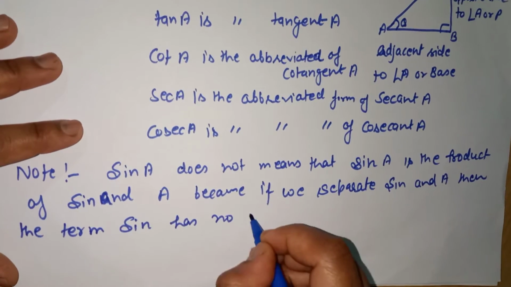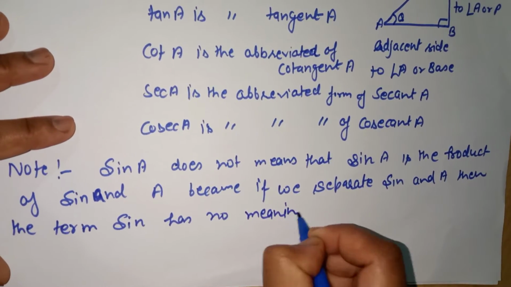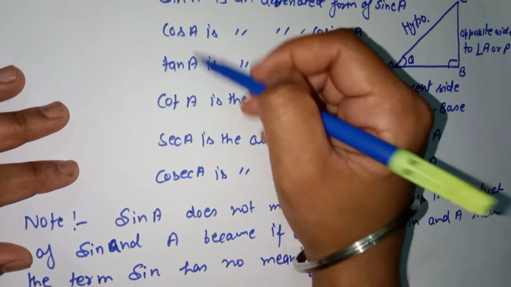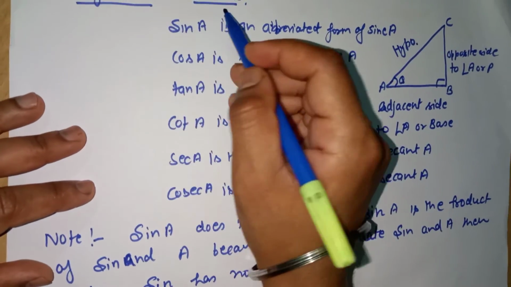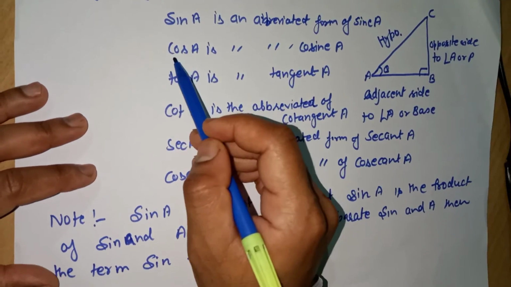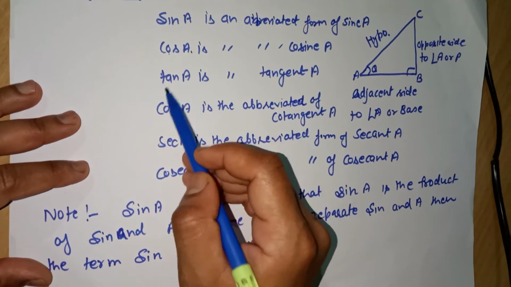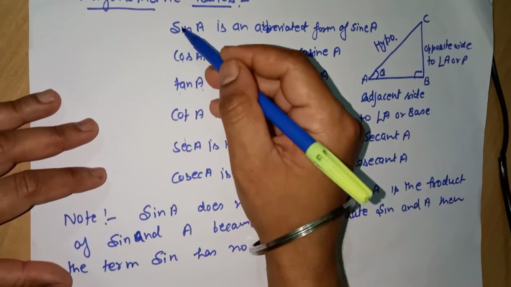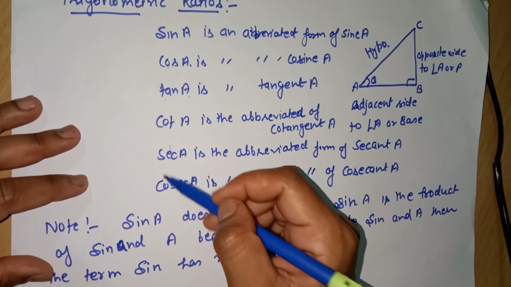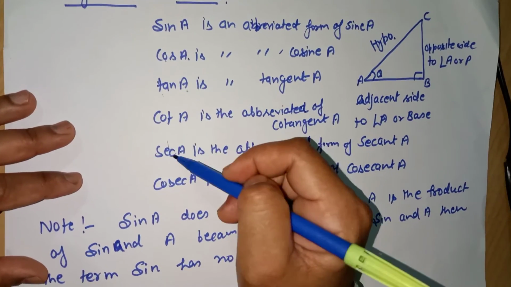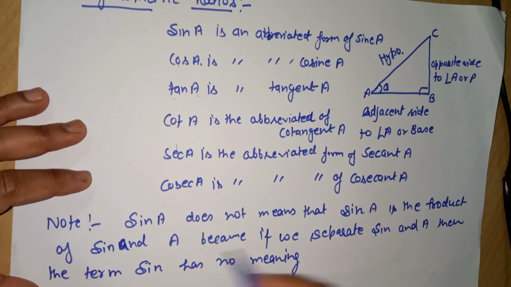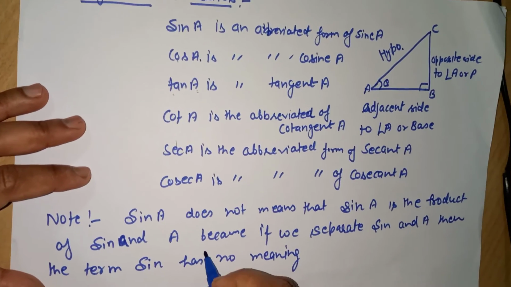Similarly, the rest of the 5 trigonometric ratios are not the product of cos and A, tan and A, because if we separate these terms, then these terms in themselves have no meaning without these angles. So we will not separate them, or we will not consider sin A as the product of sin and A.